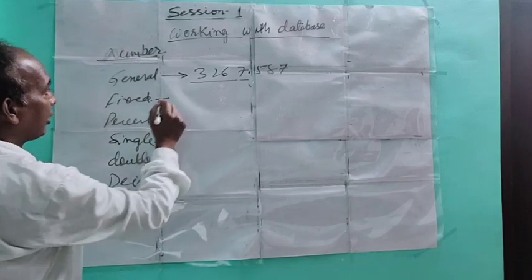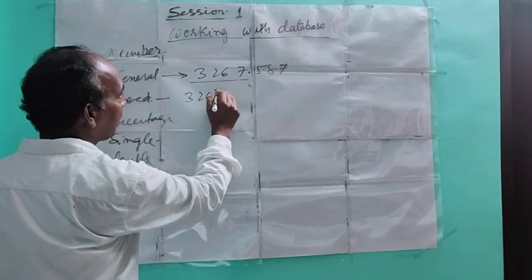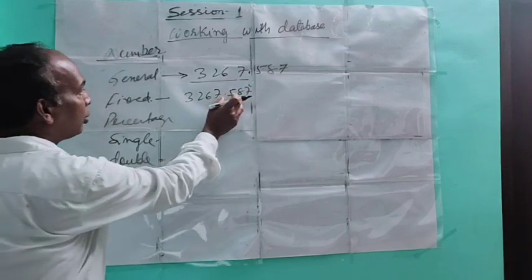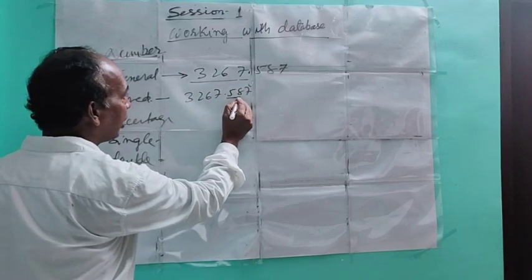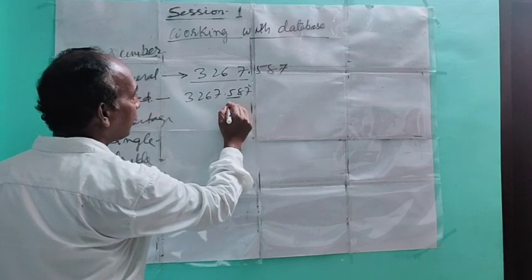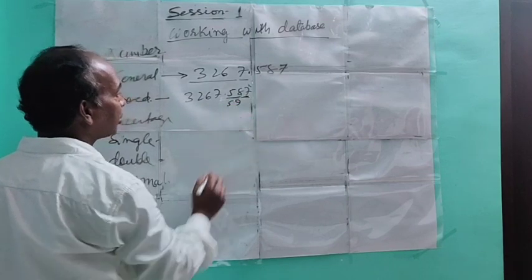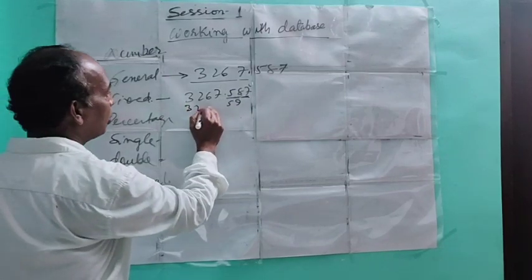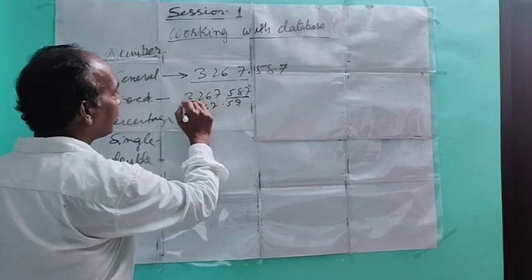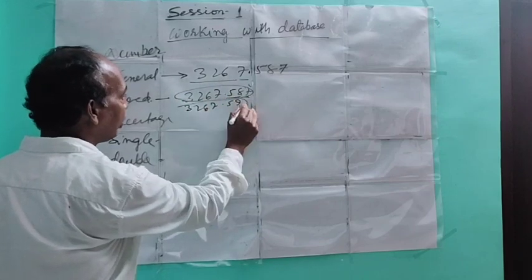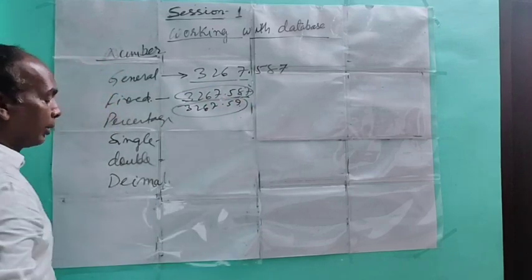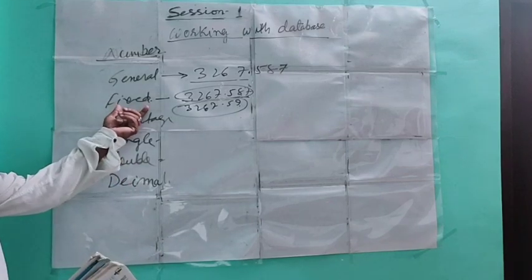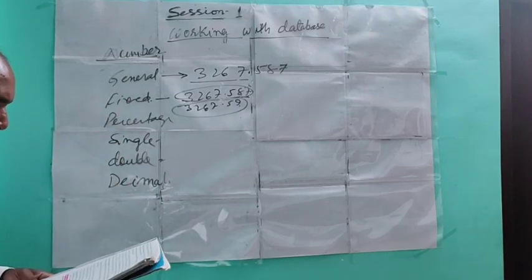But under fixed, if you write 3267.587, then only 2 decimal places will appear automatically. Rounding of 87 is 90, so it appears as 3267.59. You write this one, but in the database it will appear 3267.59. Only 2 decimal places except in the fixed part.